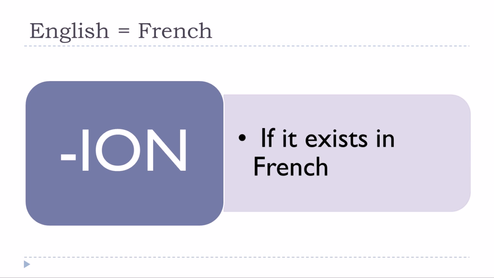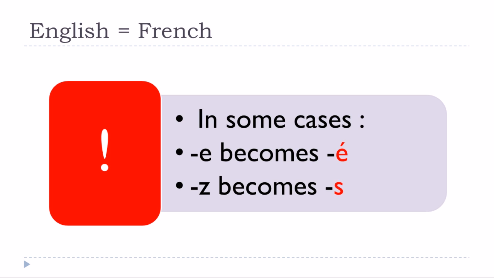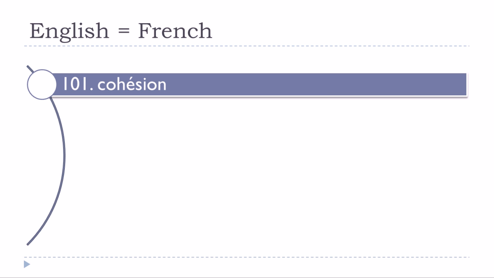Alright, and then the second thing to remember is that in some cases we'll write them a little bit differently, so you can see that in French C will be A in some cases, and then Z in some cases will become S. Okay, so let's see, and the list continues.